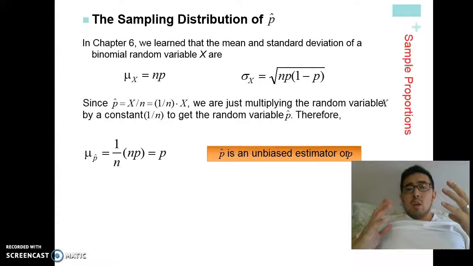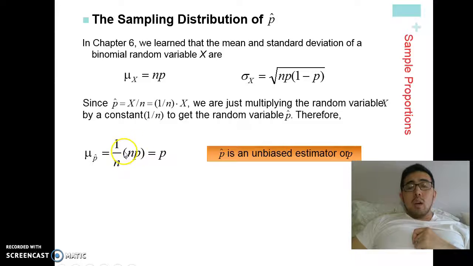And so then what you'll notice here is this goes with what I've been saying all along about our sampling distributions: my p right here, if I divide by n, which is going to get my proportion of successes, right? That is just the proportion of the population, which means p hat is an unbiased estimator of p.